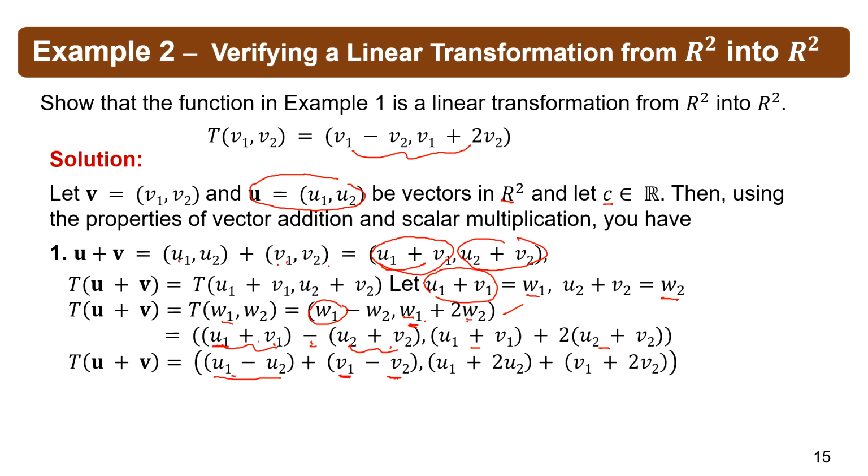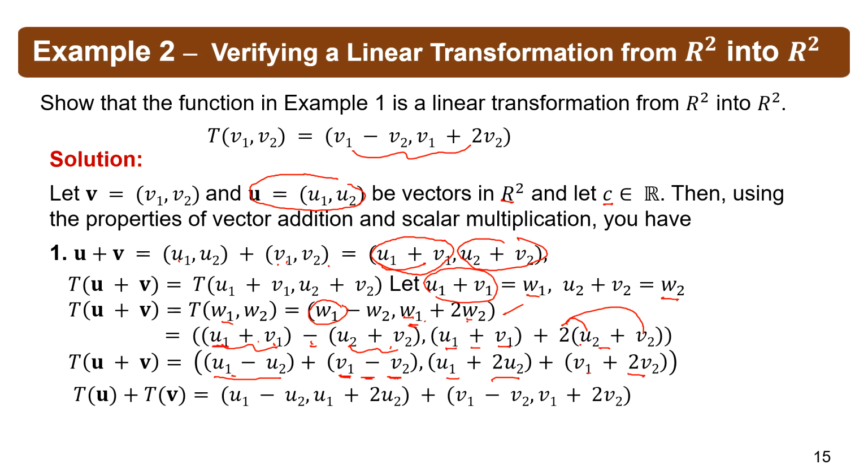For the second component, we write the u first, so u1, and then there's a u2 here, but you have to multiply by 2. This is for the second component. And then we have v1, and then again we multiply. So that is the transformation of the sum.